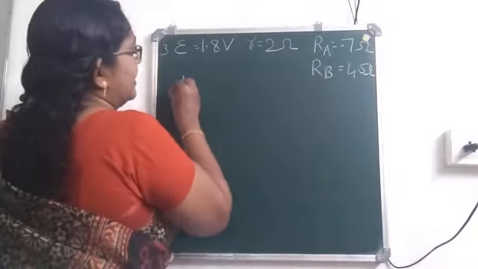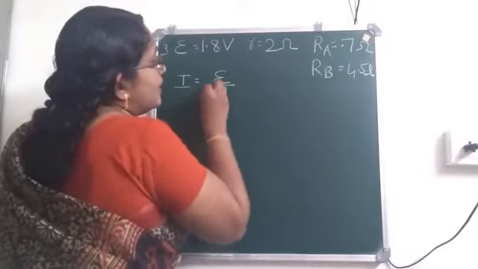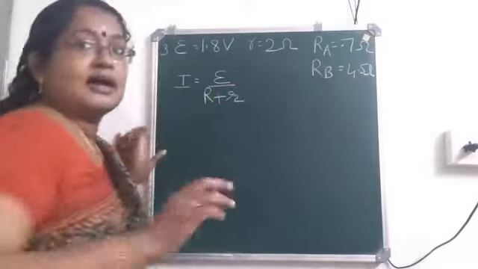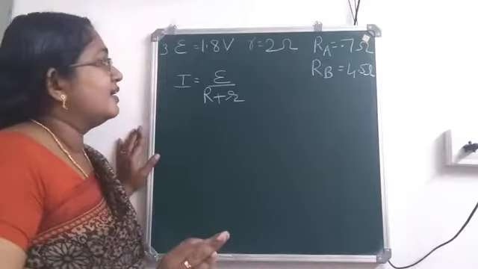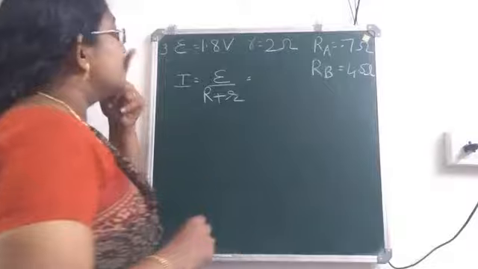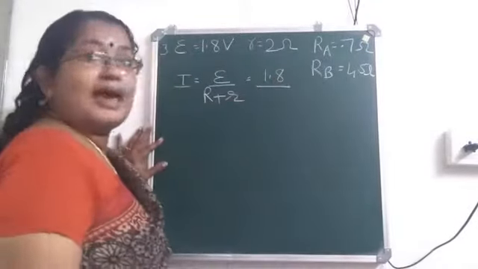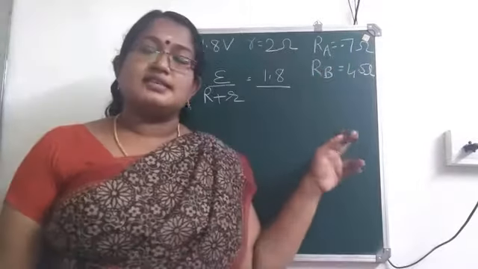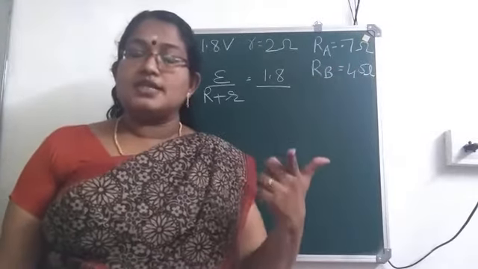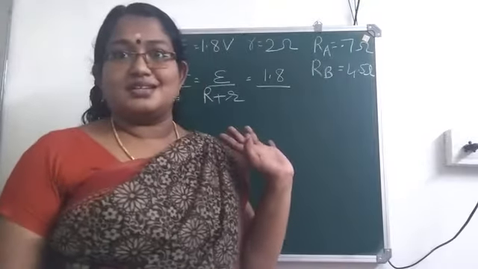So current, isn't it? What is the equation for current? I is equal to epsilon by R plus r. All the resistors should be added there. Now, how much is epsilon? 1.8 divided by capital R. Since these resistors are connected in series, what is the equation for calculating total resistance? Sum of the individual resistances, isn't it?